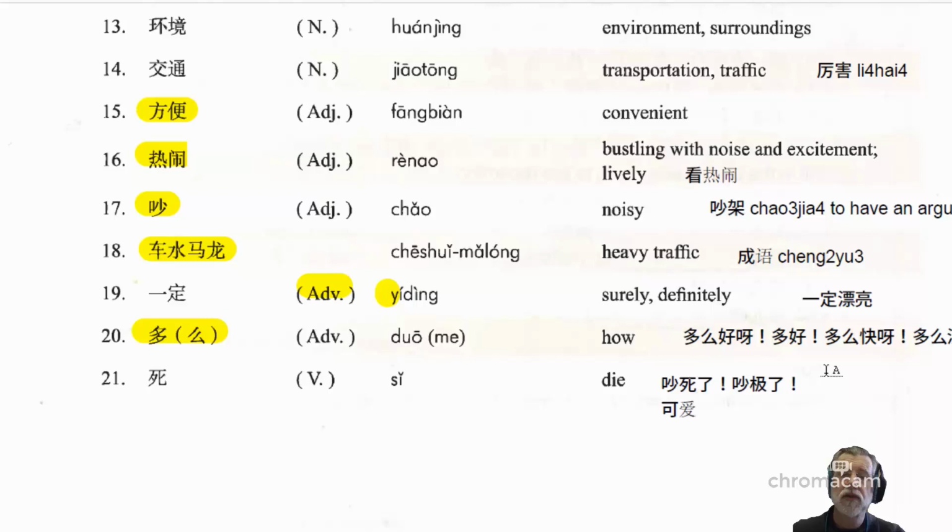Now I'm sure it wouldn't surprise you if we said, 可爱极了, meaning extremely cute. But you can also say 可爱死了.